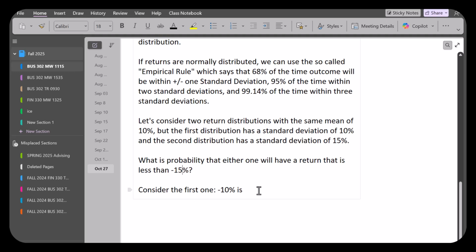So that arithmetic works fine with the empirical rule. And let's make these 5 and 10 to make my job easier.